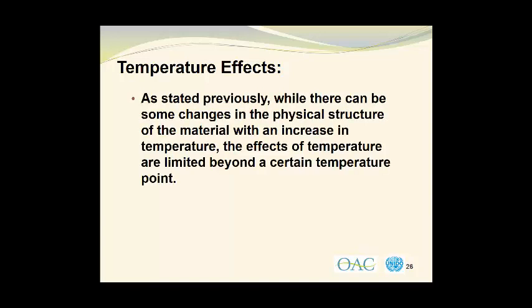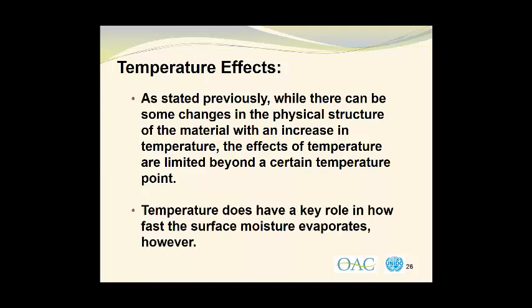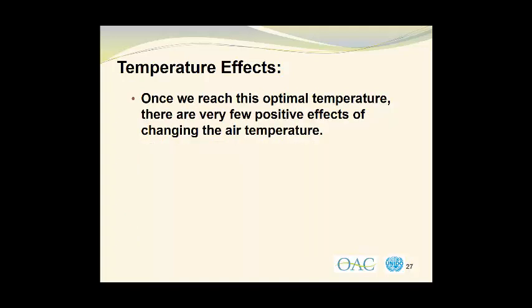As stated previously, while there can be some changes in the physical structure of the material with an increase in temperature, the effects of temperature are limited beyond a certain temperature point. So what we're saying here is that there can be some influence, but it's really only up to a certain temperature. However, the temperature does have a key role in how fast the surface moisture evaporates.